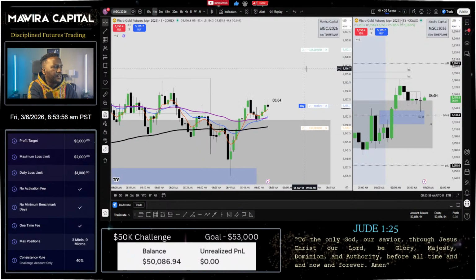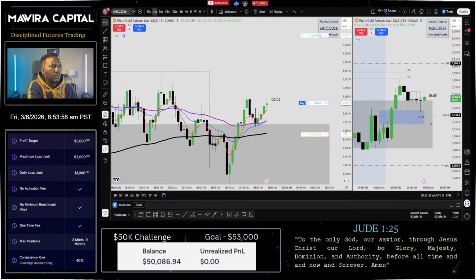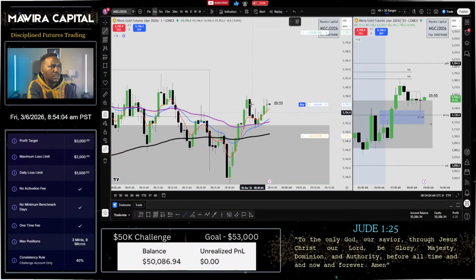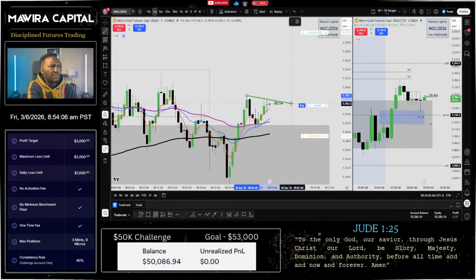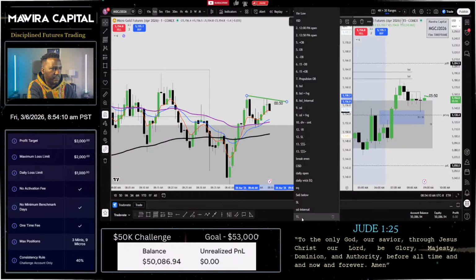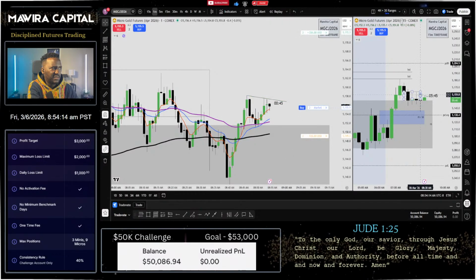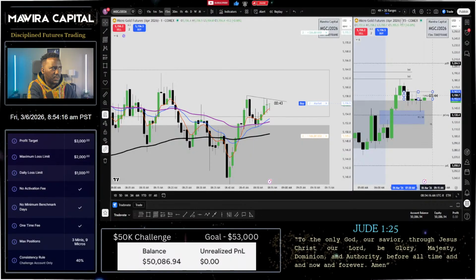All right, so if we retrace back to that 50 and then trade above that line right there, that's an entry for me. But this is a very risky zone, bro.